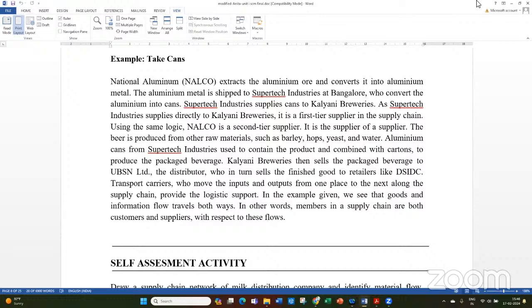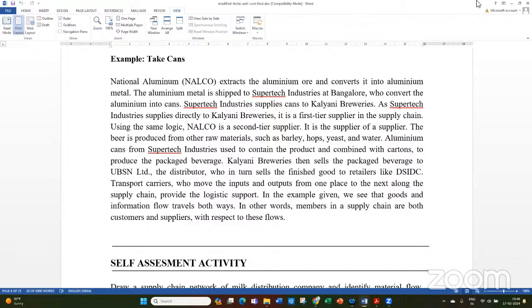NALCO is a public sector company. This aluminum metal is shipped to Supertech Industries, and they convert aluminum to cans.